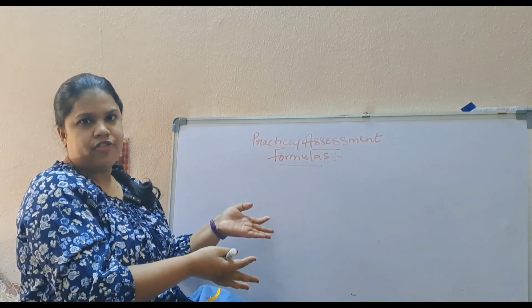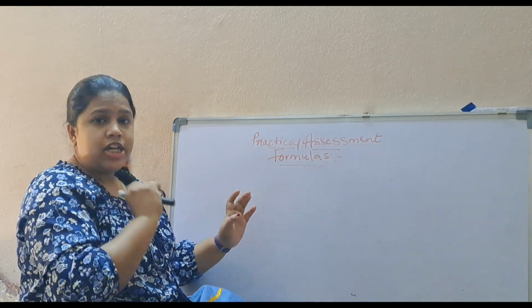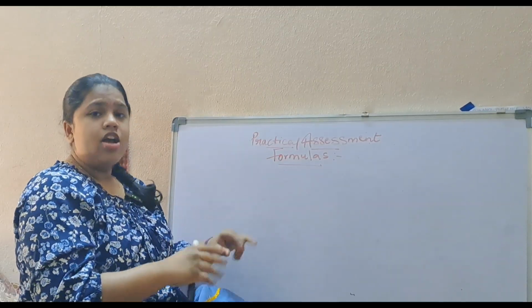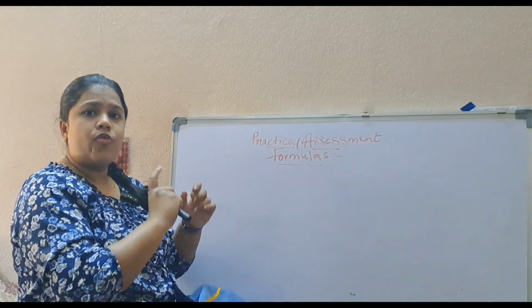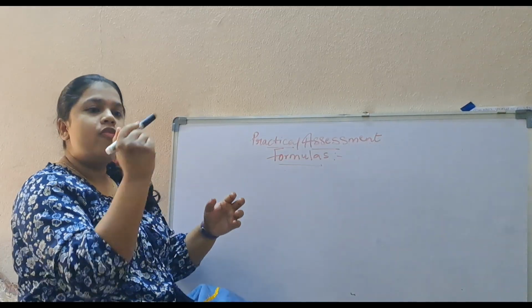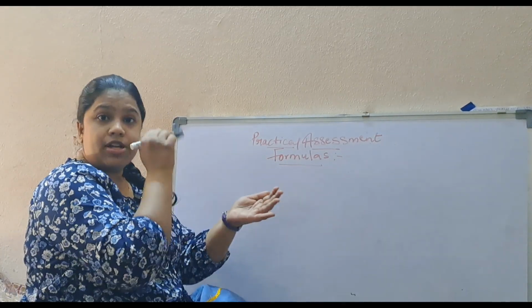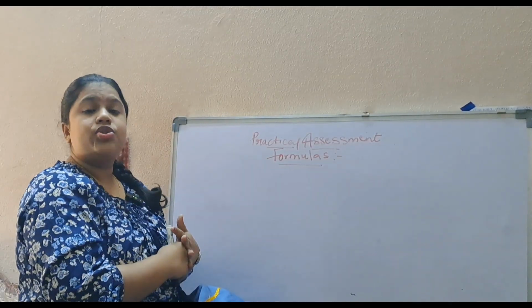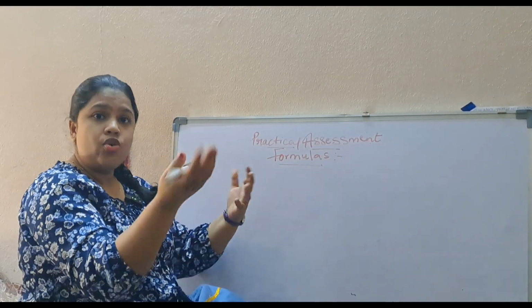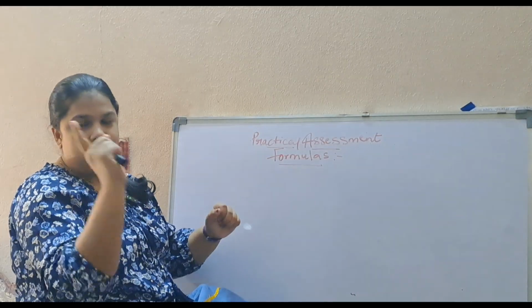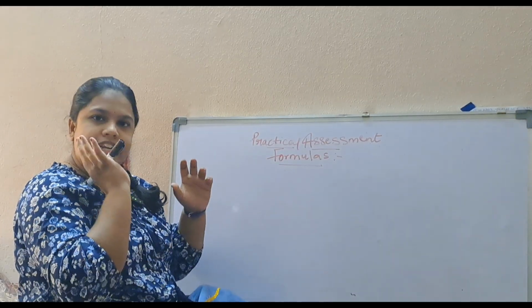I'll explain that briefly, not in detail, because this is a practical class, not a theory class. Then we'll directly jump into the case: how to tackle it, how to know the person is obese, how to do the calculation, and what ABW is. For that this session is important, so you have to watch this video until the end.